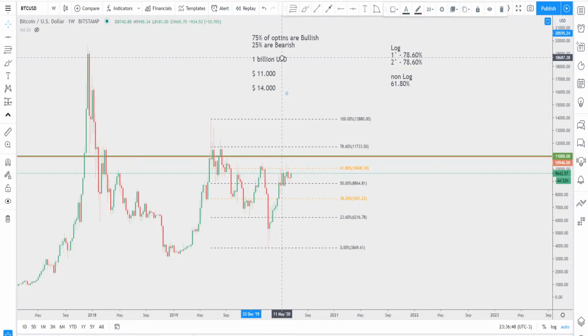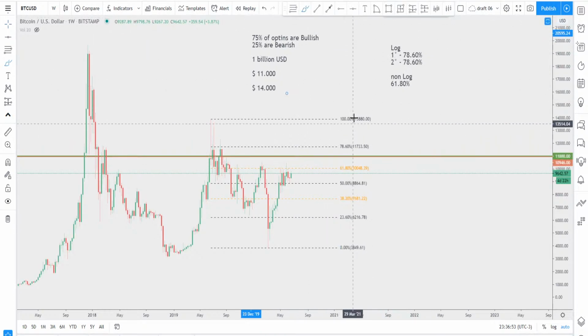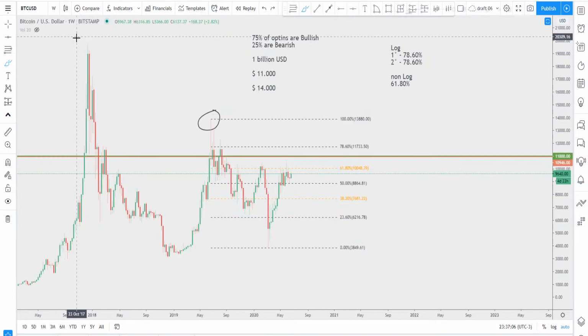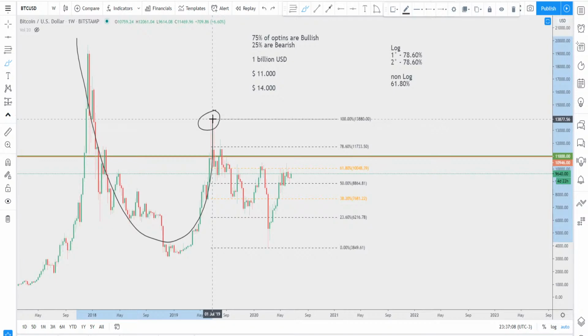And as you can see, if they make it to 11, the next one is going to be a higher high compared with the previous one, and also with all the other ones before it. And we would end up with some sort of pattern like this for a 14K.